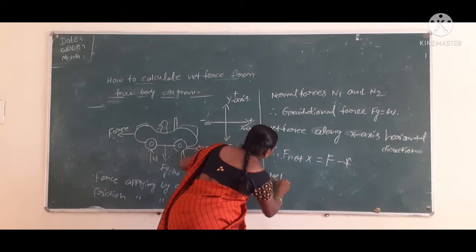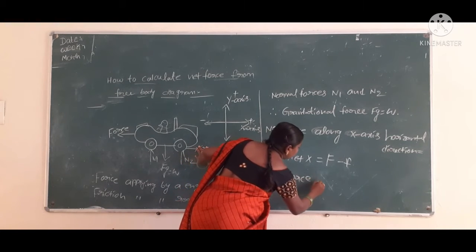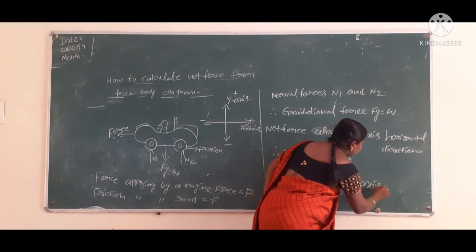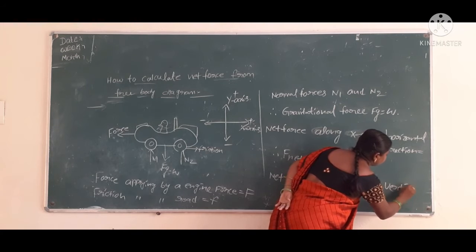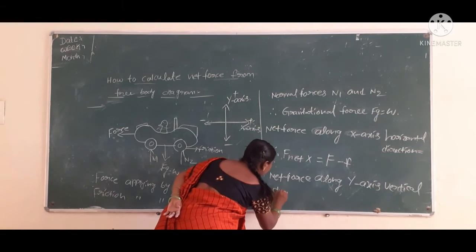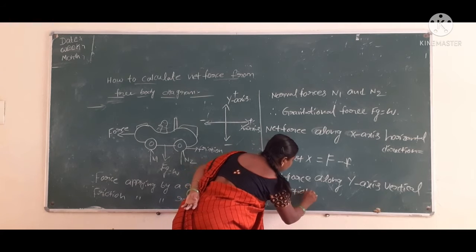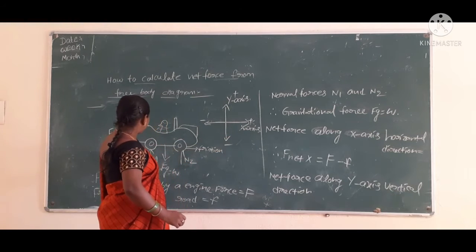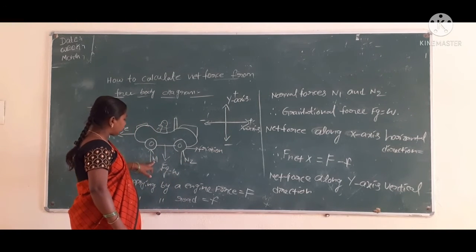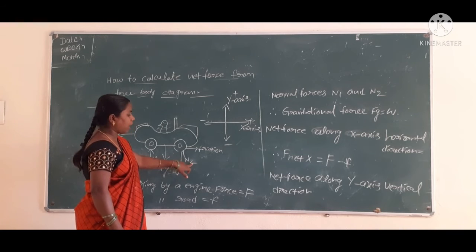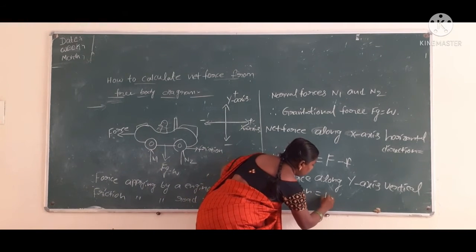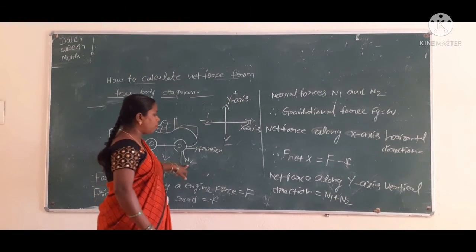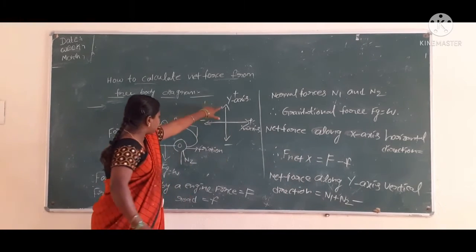And the net force along the y-axis, the vertical direction. In the vertical direction, we have normal force N1 and normal force N2, so this is equal to N1 plus N2, minus W in the downward direction.